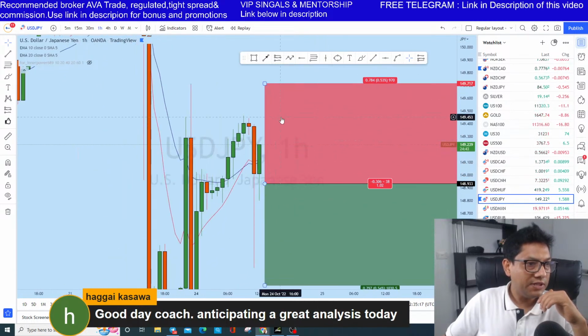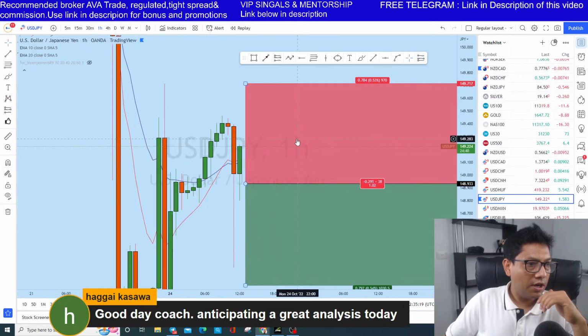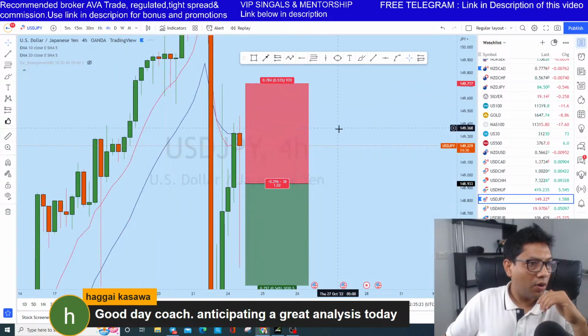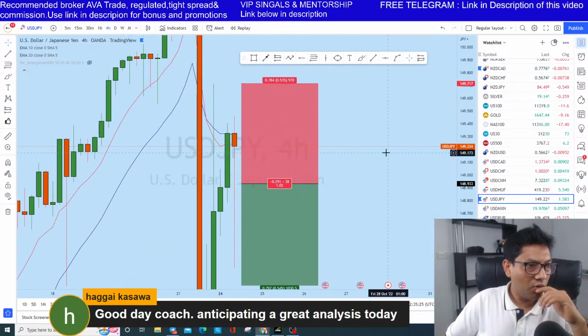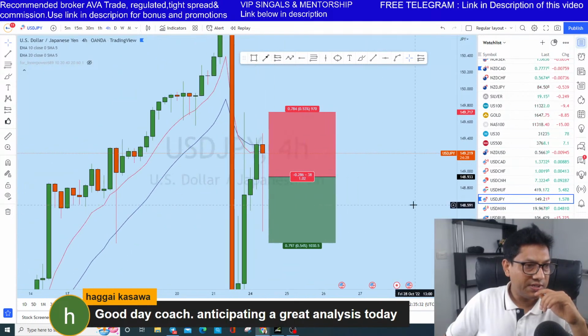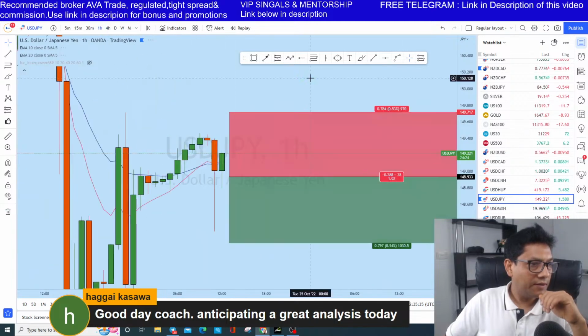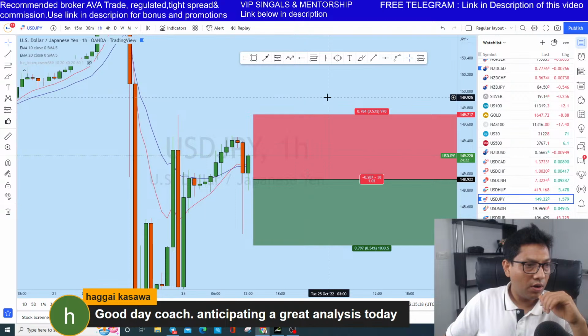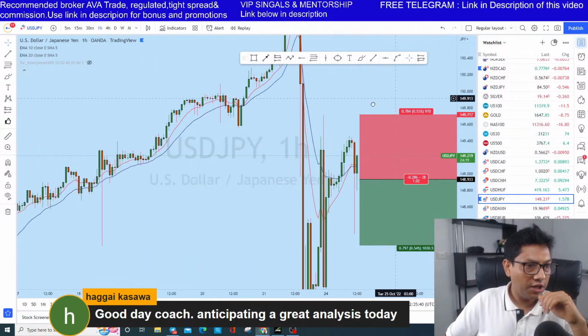Okay, let me see what's happening with dollar yen. This is the hourly chart. Let me look at the 4-hour. This candle is going to close after some time. I think we could potentially see some movement in this instrument. This is the 4-hour chart on dollar yen.